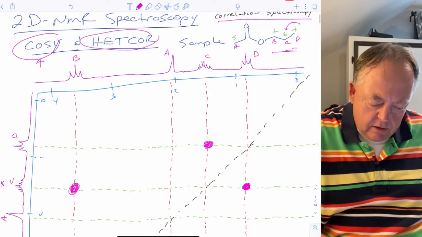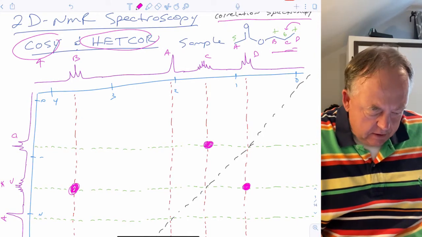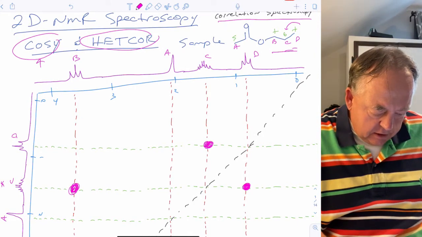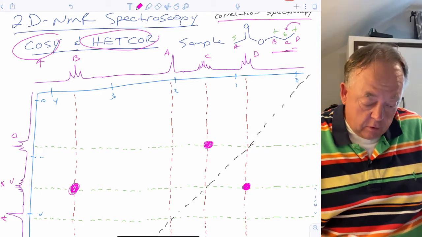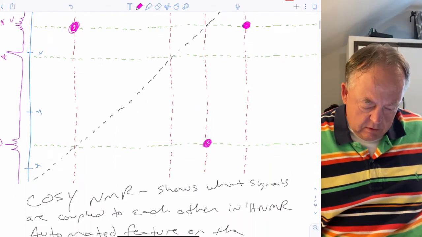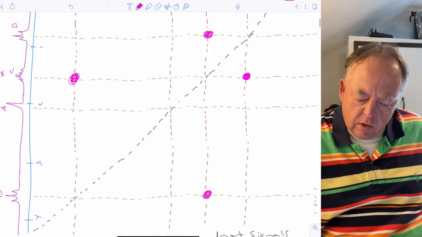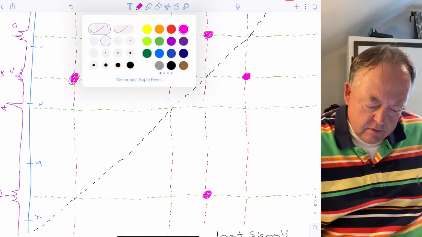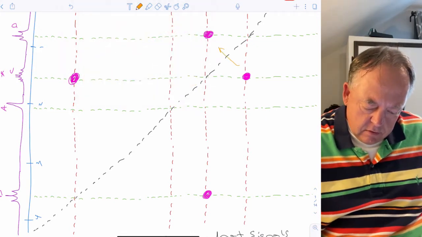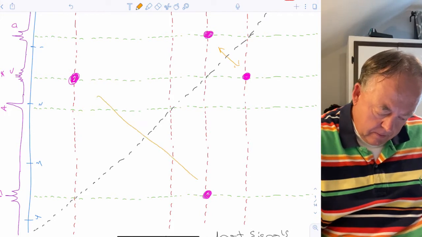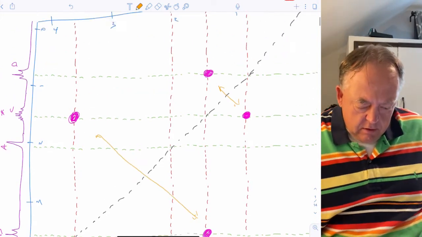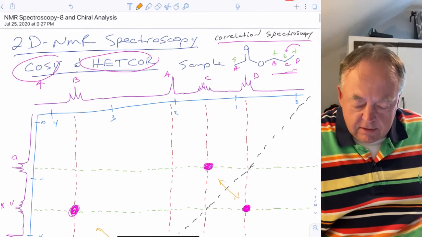So B in the spectrum at the top is coupled to C in the spectrum going vertical. And if you notice, these are mirror reflections of each other, so you're getting the same information twice.